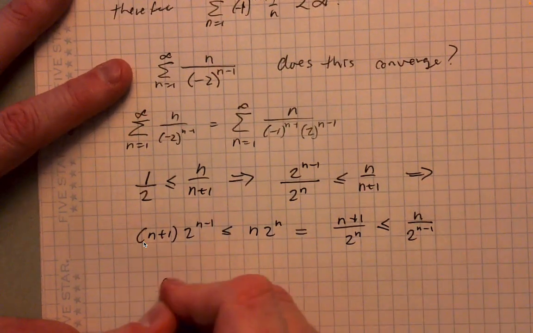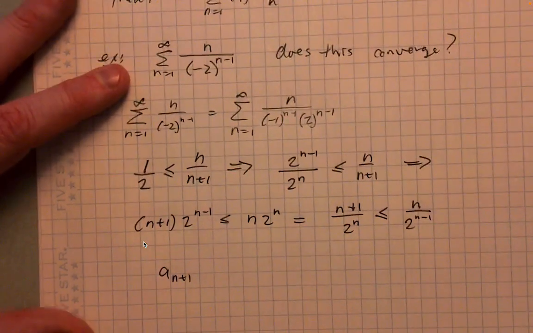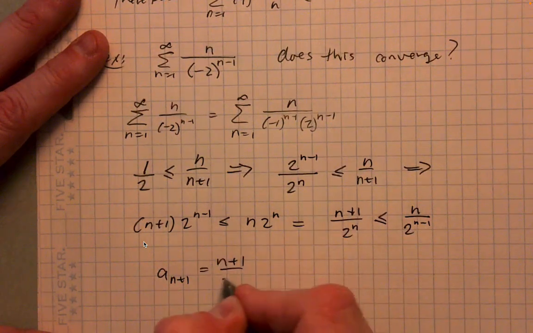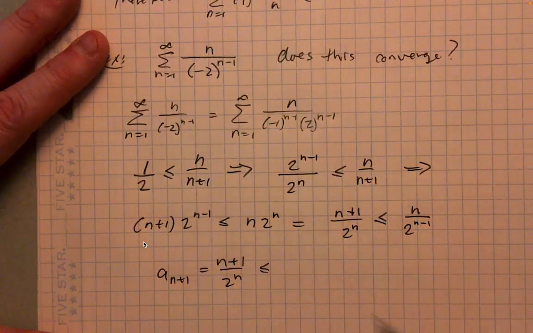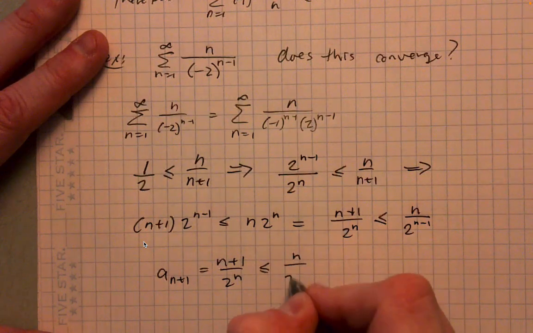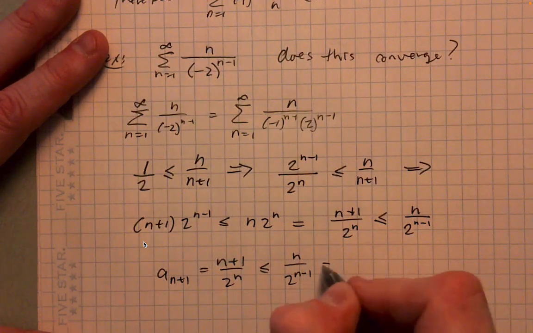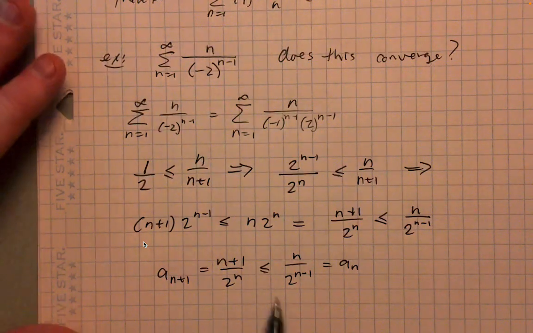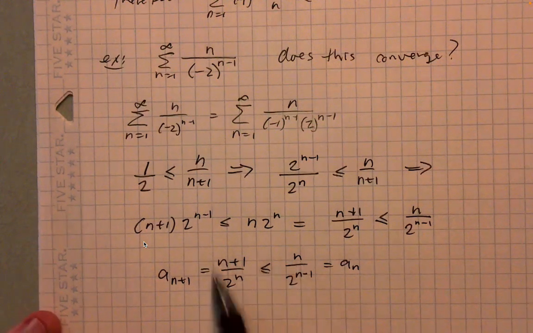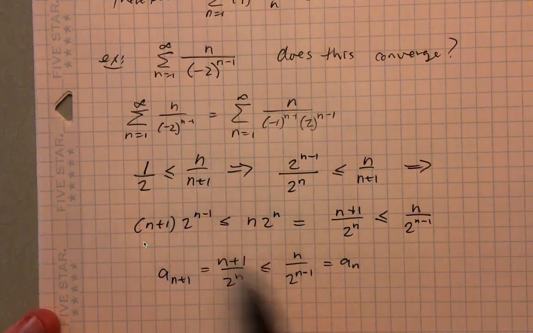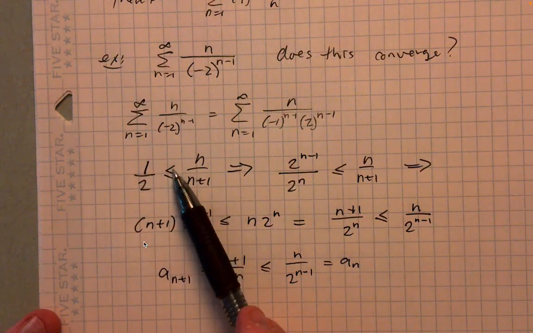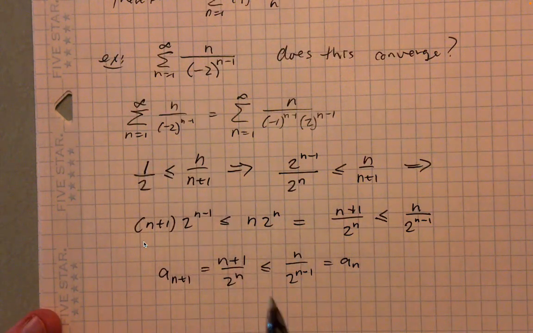And so your a sub n plus 1 term here is this guy, n plus 1 over 2 to the n, and we see that that's less than or equal to n over 2 to the n minus 1, which is your a sub n term. Okay, right, so that's kind of a tricky way to establish this. Usually you would work this in reverse. You'd start by assuming this is true and then reduce it down to something that is true, like this, and then it's a reversible argument.